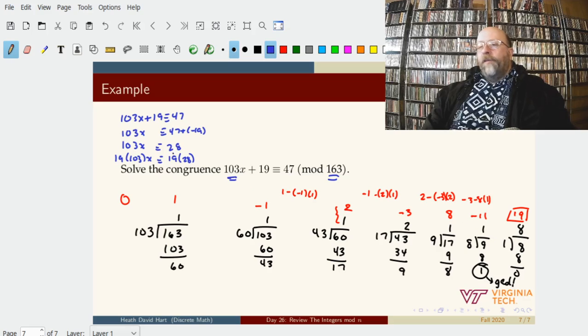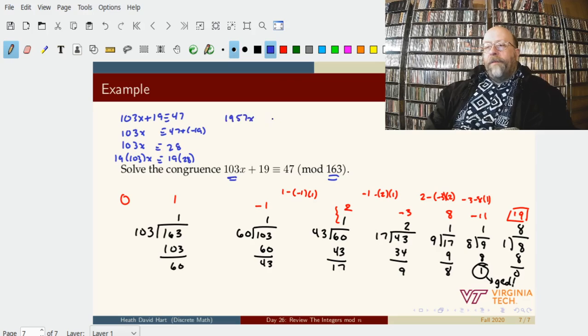That's my inverse. 19 times 103 should be congruent to 1 mod 163. So on the left side, we get 1957x. On the right side, we get 532.